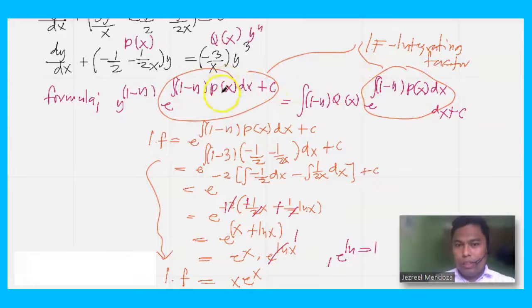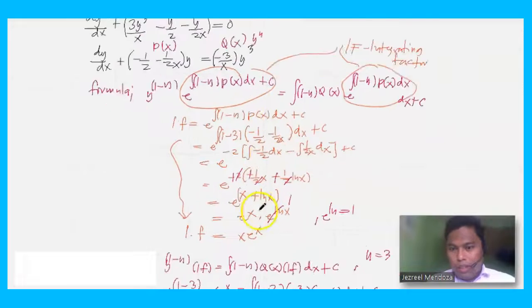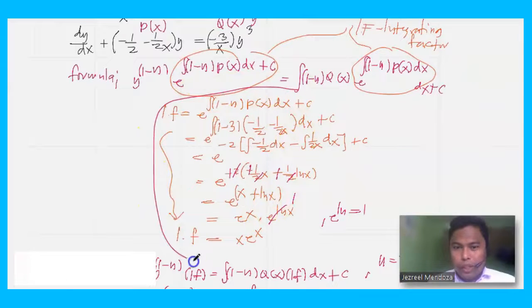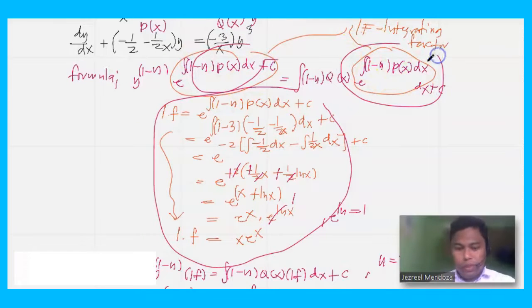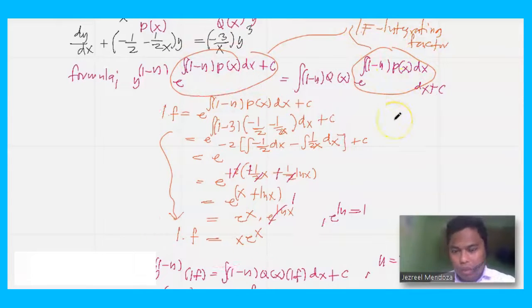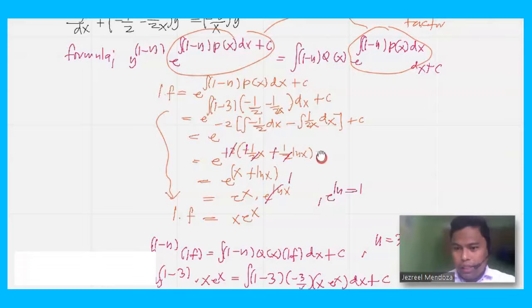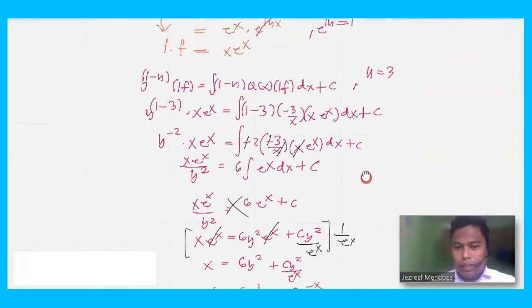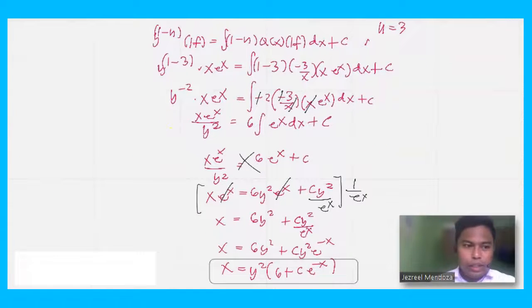After that, let's solve first the integrating factor, so we can actually eliminate those long solutions. After this, our integrating factor is only x e to the x, and then from that we can directly substitute to our equation. This one.